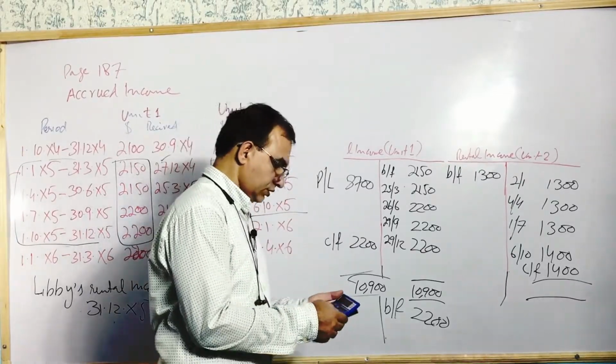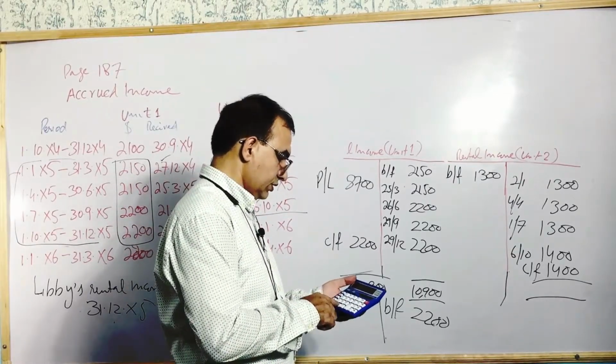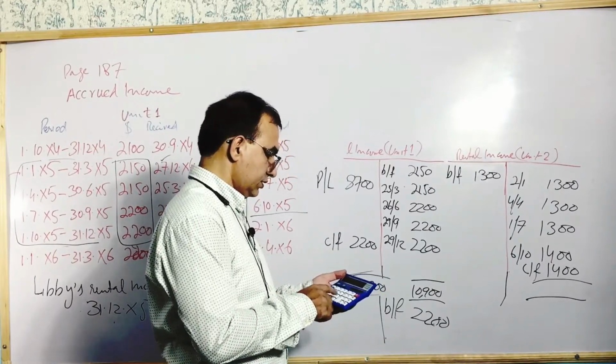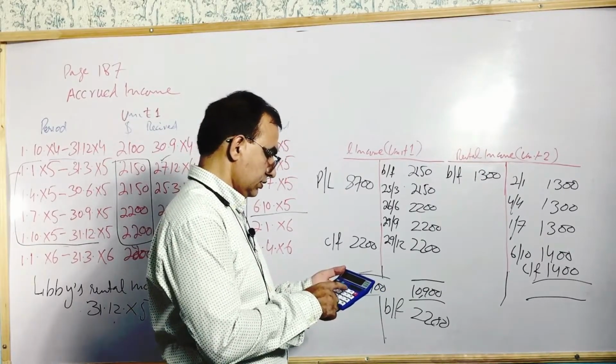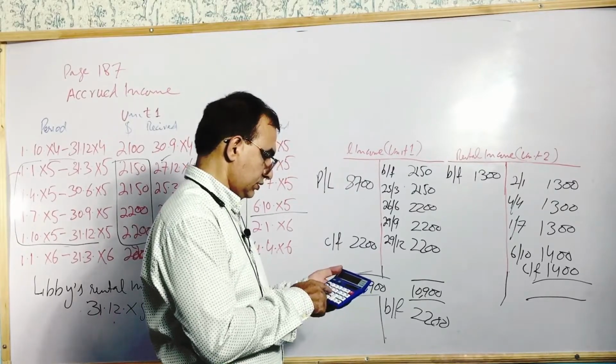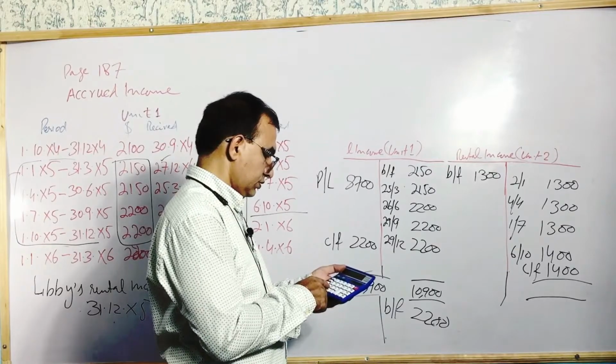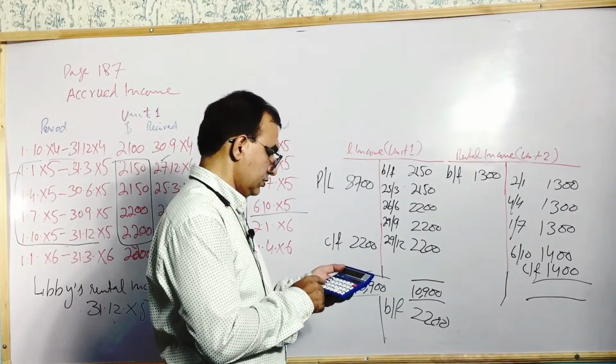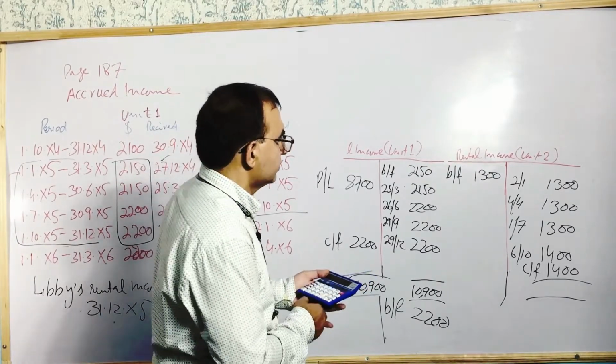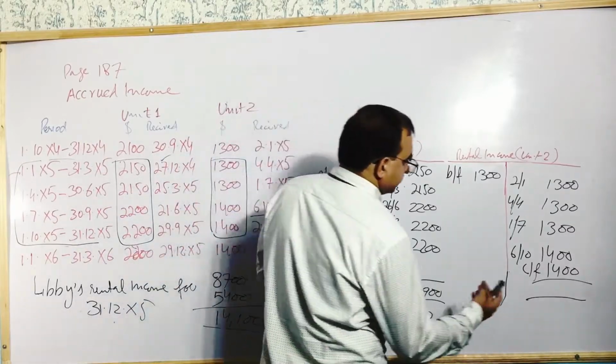So how much is the total? 1300 plus 1300 plus again 1300 plus 1400 plus 1400, 6700.